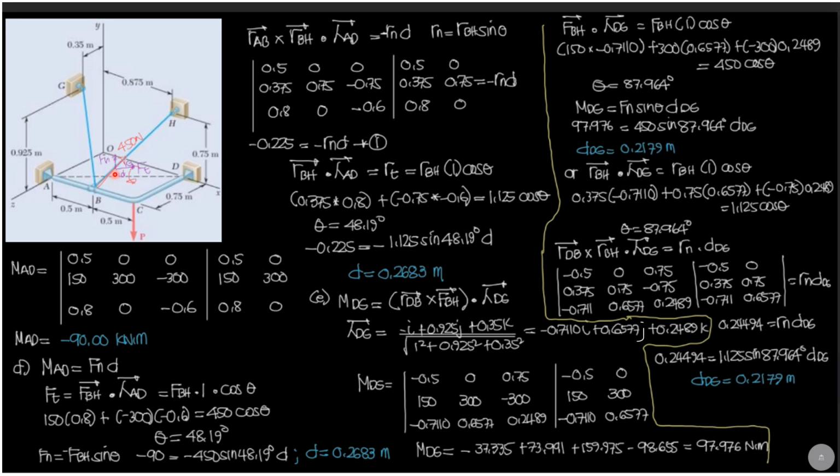And it is equal to Fn times the perpendicular distance d, which I mark here d. Very small, and I hope that you can see it. And the angle between the tangential force and this 450 Newton force is marked theta.